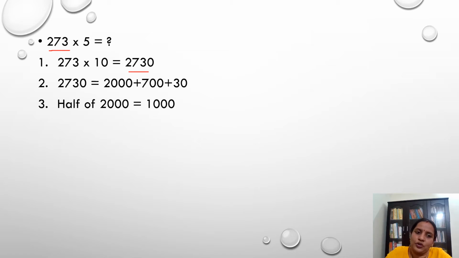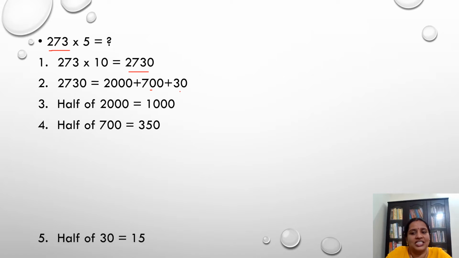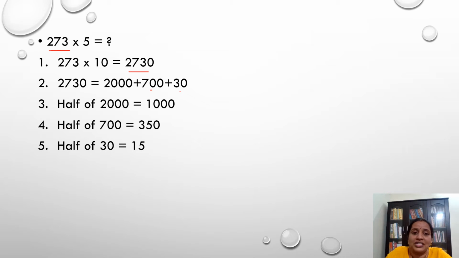Next, I am going to find the half of all the expanded digits. Half of 2000 is equal to 1000. Then half of 700 is equal to 350. Then half of 30 is equal to 15. Okay, I have got the half of all these digits.